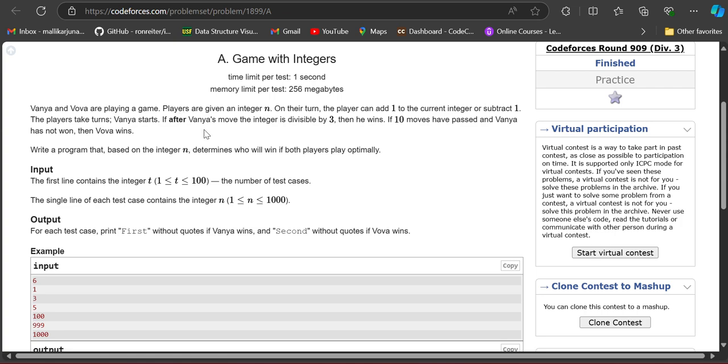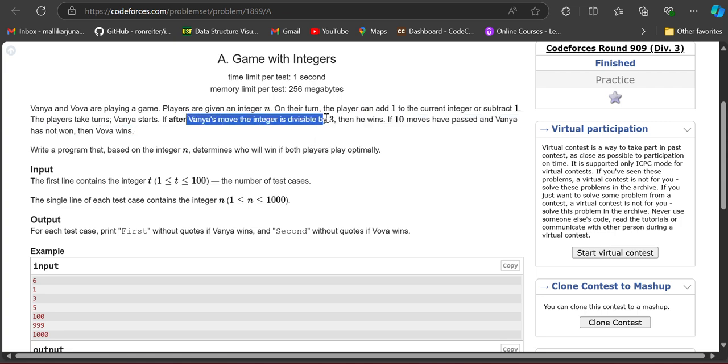If after Vanya's move the integer is divisible by 3, then he wins. If 10 moves have passed and Vanya has not won, then Vova wins. So after performing the operation, if that number is divisible by 3, then he's the winner, Vanya.